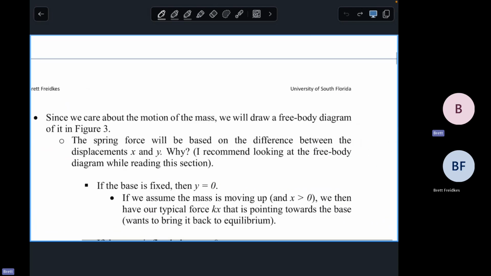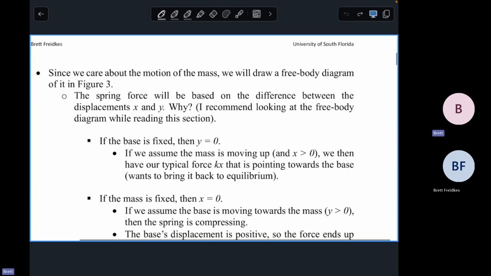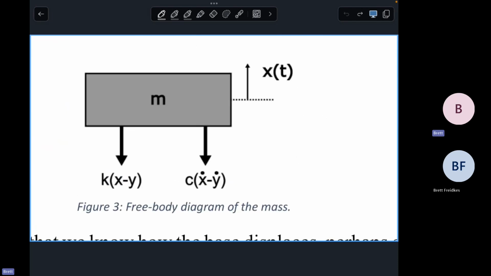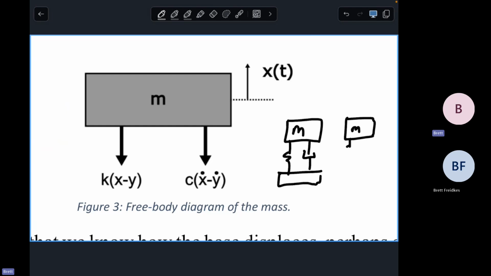So the way that we derived this ultimately was noting that when the base is brought upwards, so if we assume the mass is hanging out, and then the base is brought upwards, let's say to here, so it's gone up, what direction is the force acting that the mass feels?